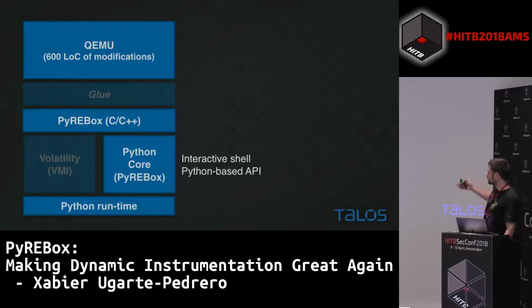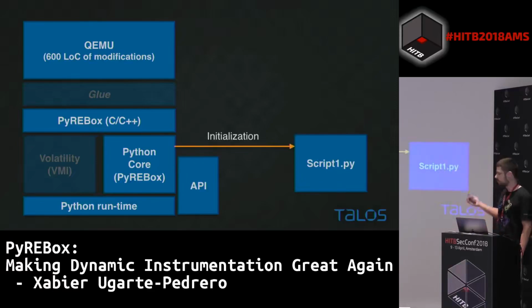This is the architecture of PyREBox. It has different modules sitting on top of QEMU, with a very small number of modifications. There is a C++ component and then a Python component that requires the Python runtime to be loaded into the same process. Python offers the interactive shell and a Python-based API that can be used by scripts that first get initialized by this Python environment.